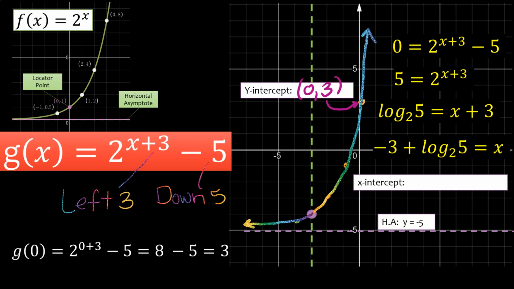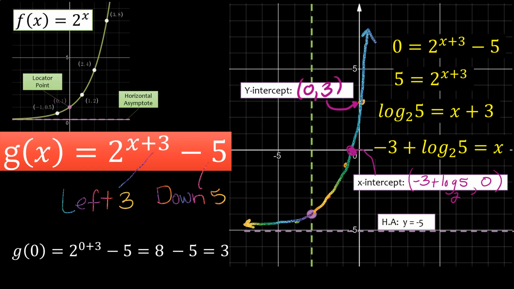All right, now the x-intercept would be right there at negative 3 plus log base 2 of 5, comma 0, which is approximately negative 0 point something, if you want to get an approximation. But the exact answer is that right there. Okay, that is how we graph exponential functions.